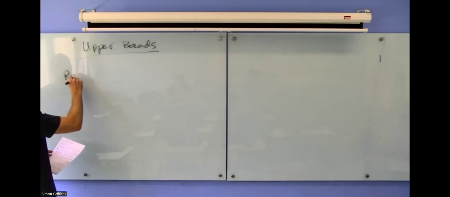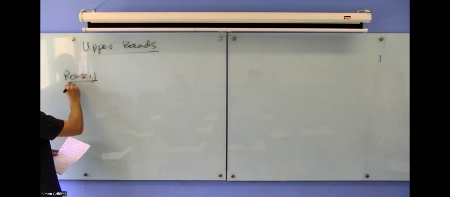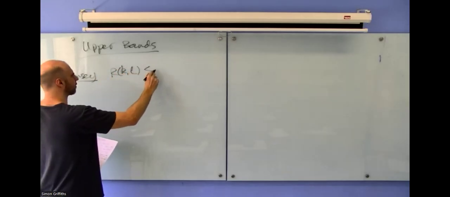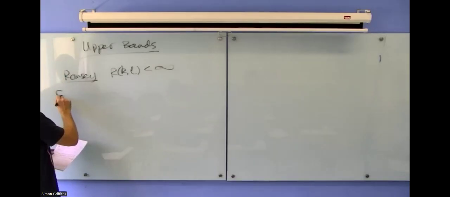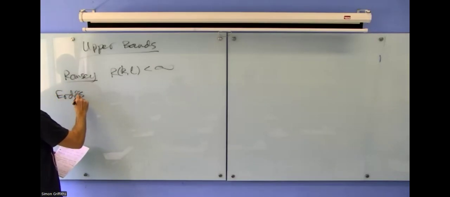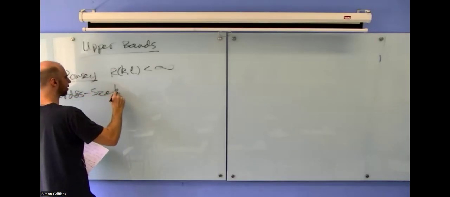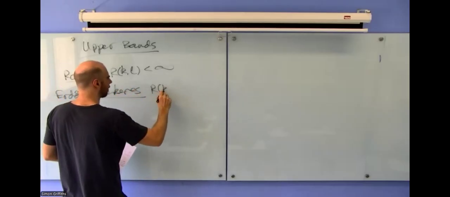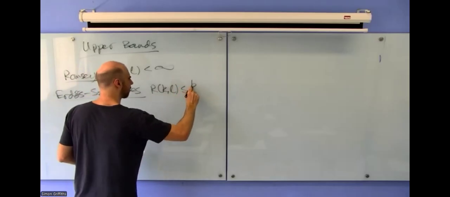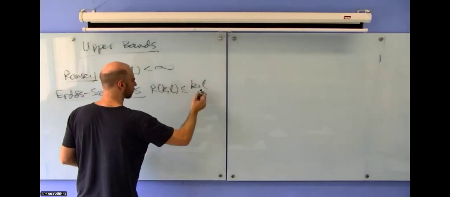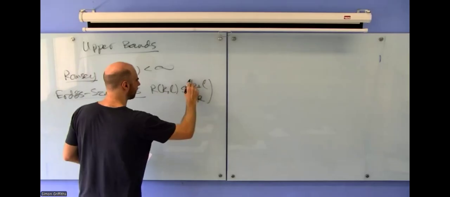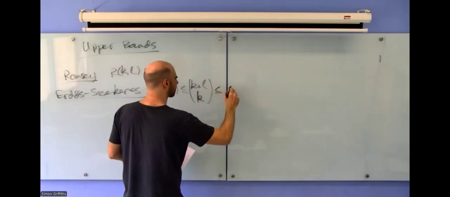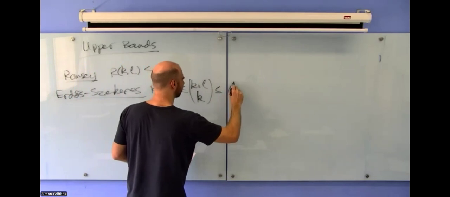So we obviously start with Ramsey, who showed that for any K and L, R(K,L) is finite, and we already mentioned Erdős and Szekeres proved the first effective upper bound, which is K plus L choose L, or K plus L choose K, with minus 1s and such.